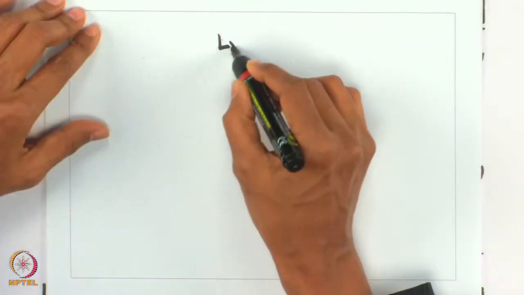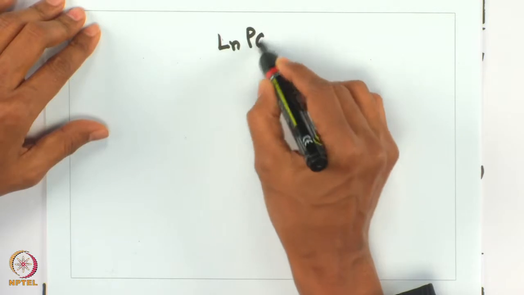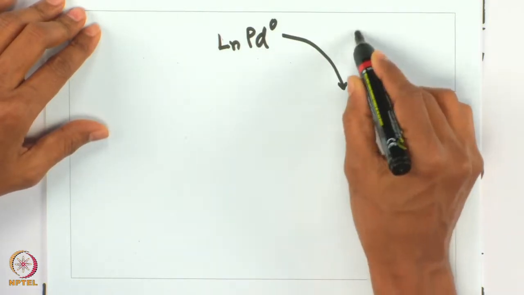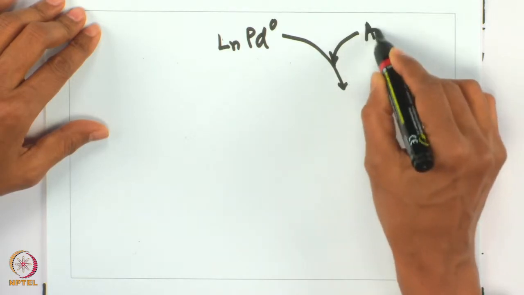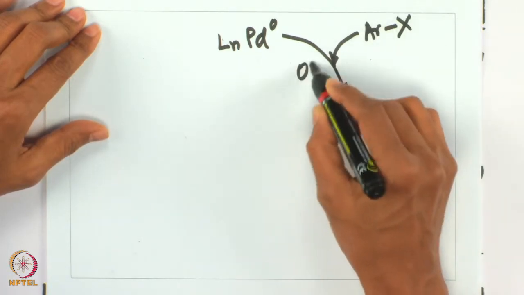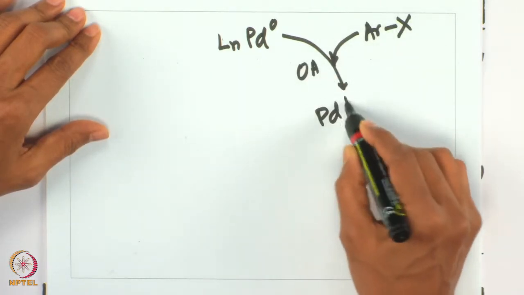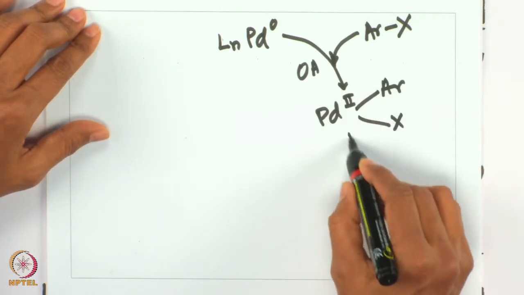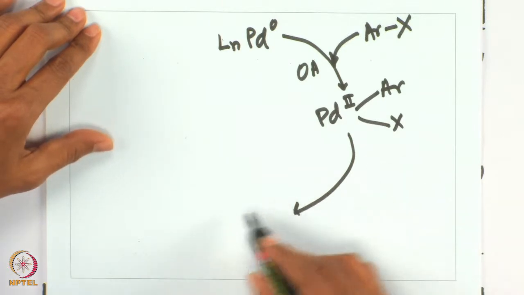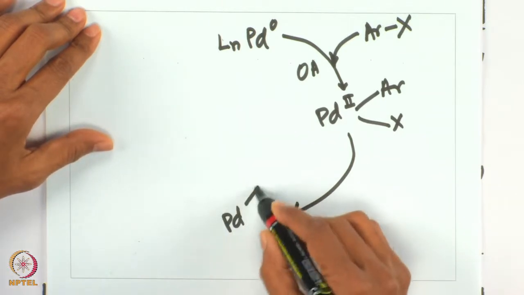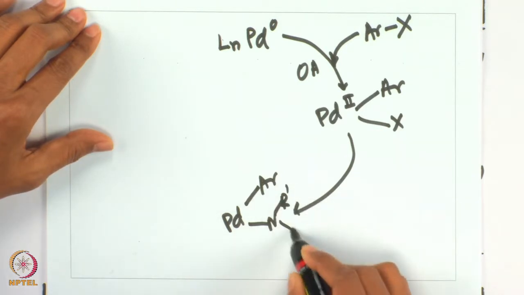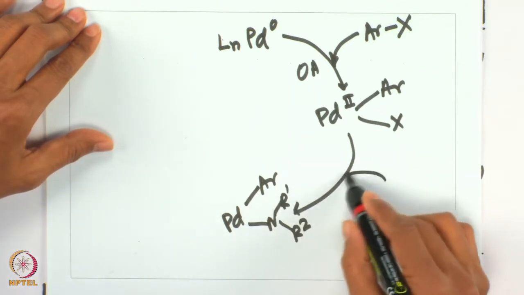From there the oxidative addition with ArX will give rise to a palladium 2 intermediate, where palladium 2 Ar X will be present, and from there we will have palladium Ar, NR1R2.